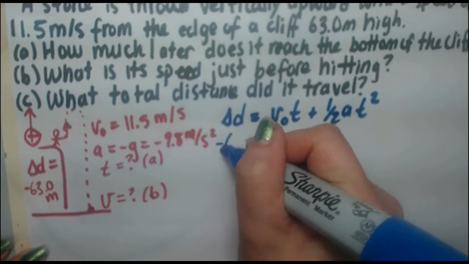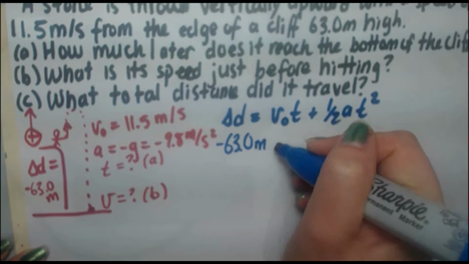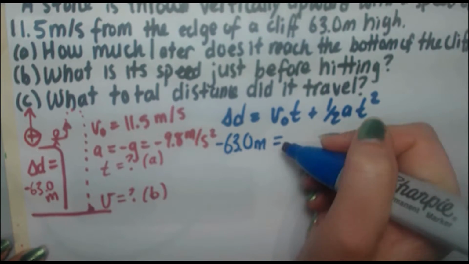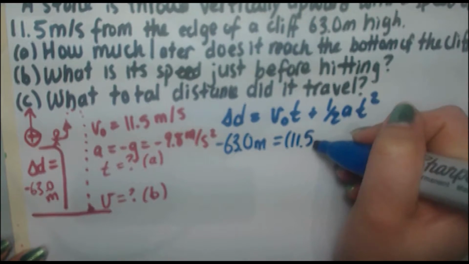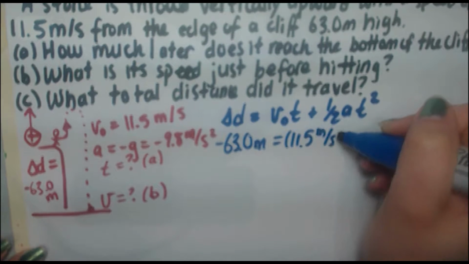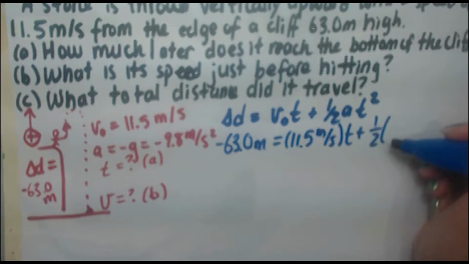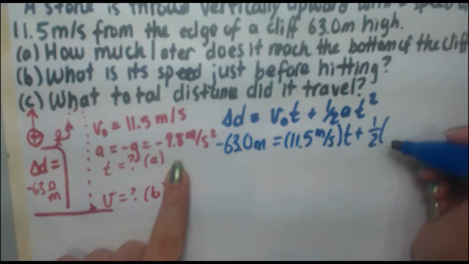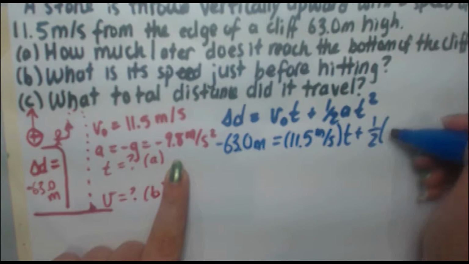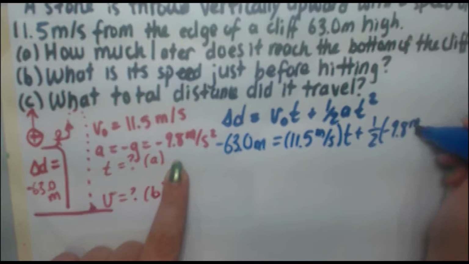My delta D is minus 63.0 meters, my V naught is 11.5 meters per second times t, plus 1/2 acceleration, which in this case is negative 9.8 meters per second squared, times t squared.